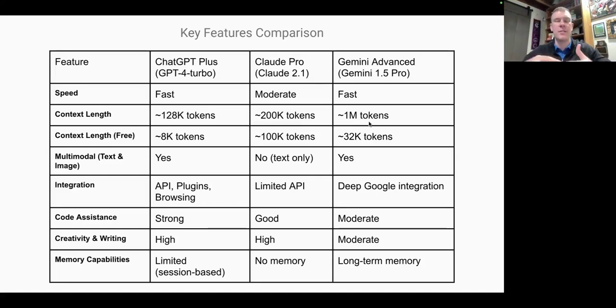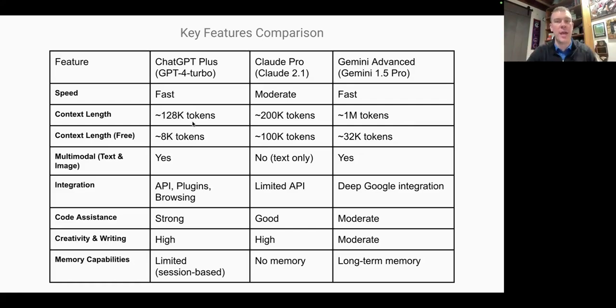So one of the advantages of Gemini is that you could even upload, say, an entire book into Gemini and say, I need a full breakdown, chapter by chapter summary of this book. And it's capable of doing that because it has the ability to contextualize all of that information and give it back to you.